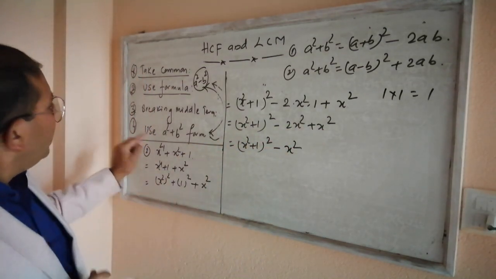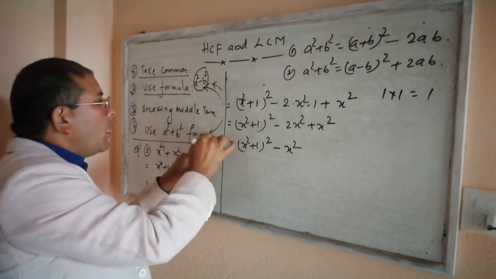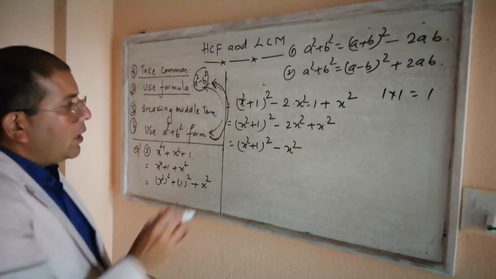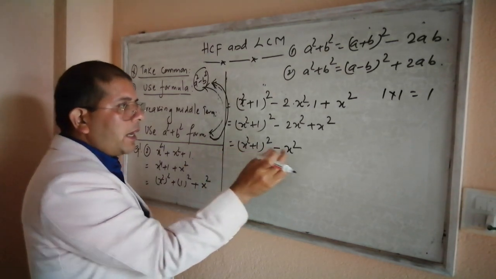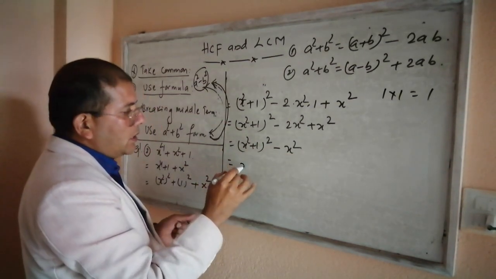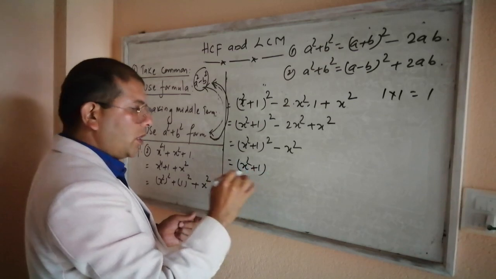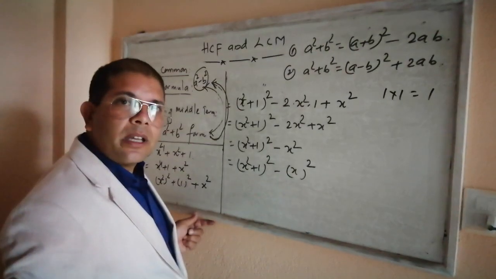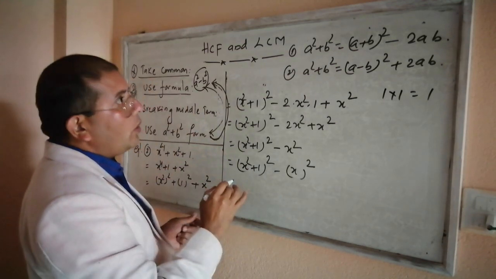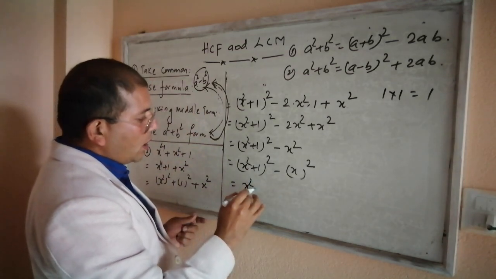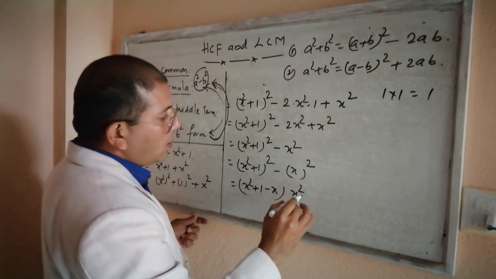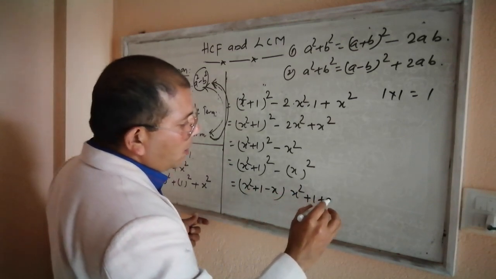And I told you, you must convert this at last into the second method. Now again you get a square minus b square. So it is x square plus 1 whole square minus x whole square. Now a square minus b square, so your formula is x square plus 1 minus x, times x square plus 1 plus x.